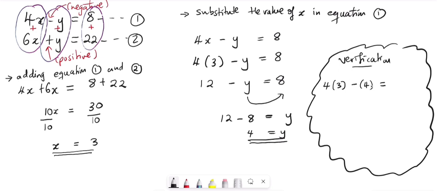So now when we simplify this, you realize we're going to get 12 minus 4. 12 minus 4 gives us 8, which is equal to the number that we had up there. Check here, this 8. So which means our answer is correct.